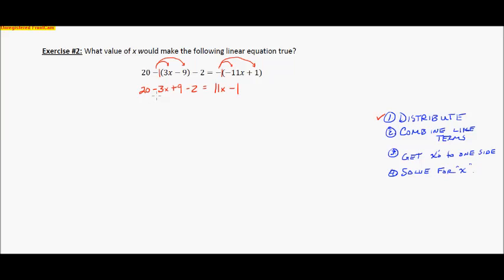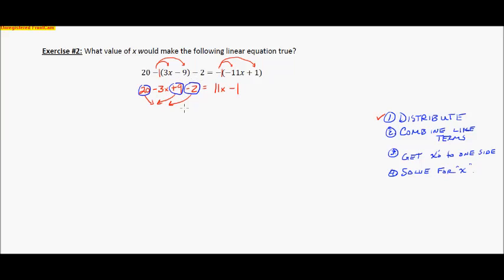And on the left side, I've got one term with an x in it. But all of these other terms, this 20 and this +9 and this -2, make sure you watch that, that's a -2. Let me switch over colors here. This is going to be 20 plus 9 minus 2.